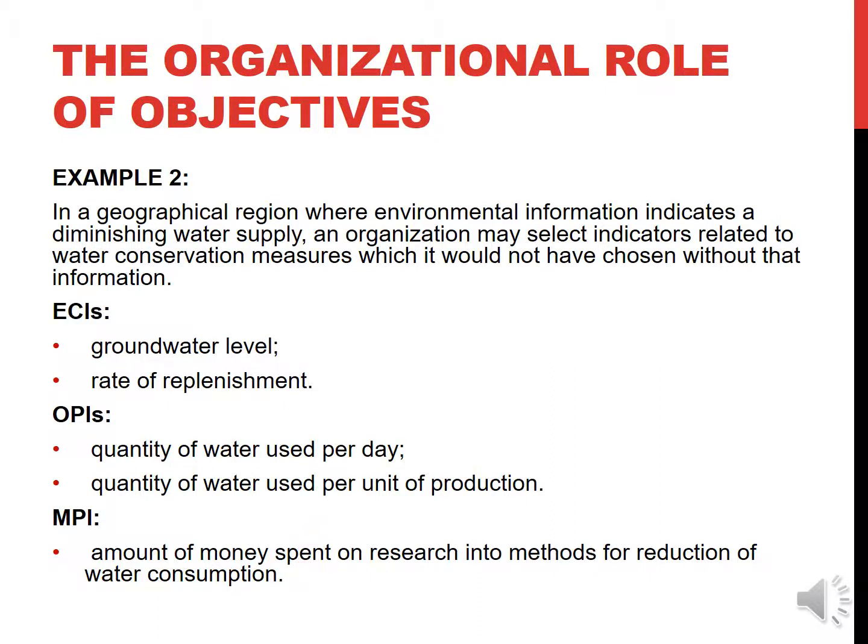So you see, there are different ways to skin a cat. For example, in this case, to reduce water usage, we can include all three of these if we like, and we may not be able to affect completely the environmental condition indicators, but at least we're becoming aware of them.